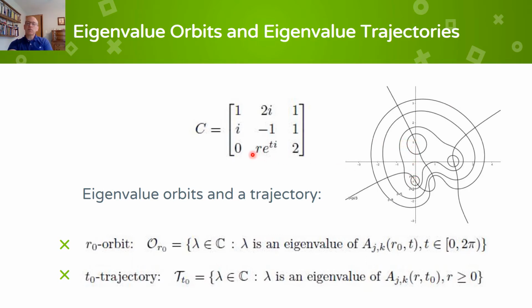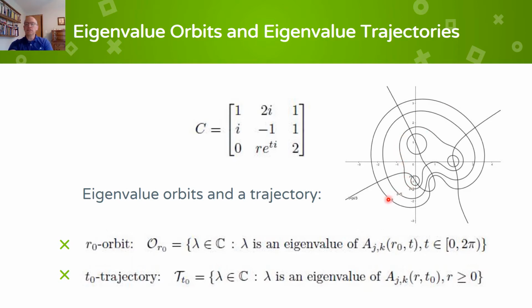Now if we set r equal to 1 and vary t from 0 to 2 pi, we get these small little oval curves. This is the set of those eigenvalues as t varies, and they're around each of the r equals 0 eigenvalues. Now if you set r equal to 2, by this point these curves have blended together and become a single eigenvalue orbit, a single component.